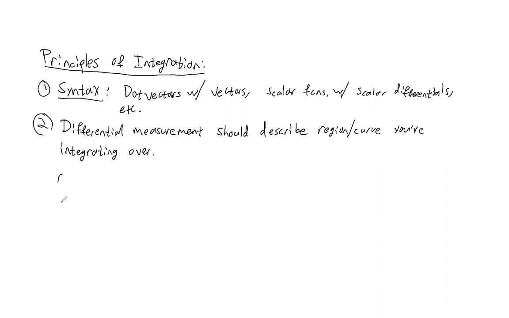What I mean by that is, if you take, for example, this line integral of f dot dr over this curve C, dr in this case is displacement, which is another way of saying length with direction.